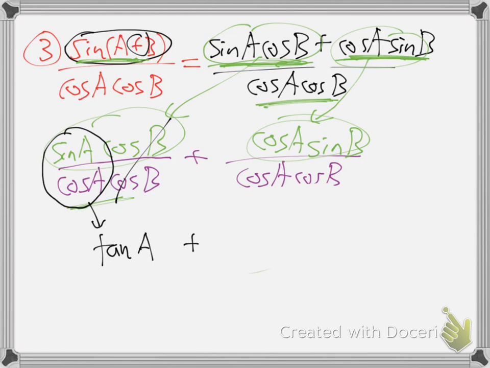Good. Remember, sine over cosine of the same letter is tangent. And here the cosines cancel. And what is sine of B over cosine of B? Tangent of B. We're done. They wanted us to do that.